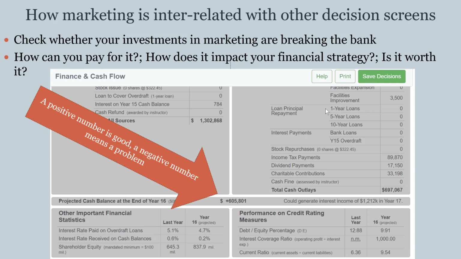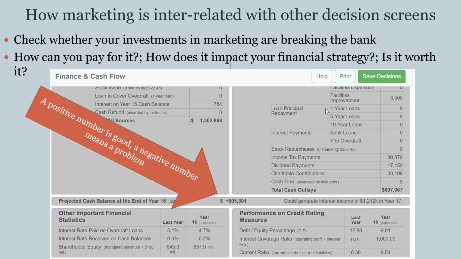So you want to make sure you can maintain your finance and cash flow strategy, and you want to check whether at the end of the day, after making all these decisions, what that final number is, whether you're going to actually have additional cash, or if that number is red, that means you're actually not able to pay for everything that you decided to do. And what that means is the game is going to automatically take out terrible loans that you don't want.